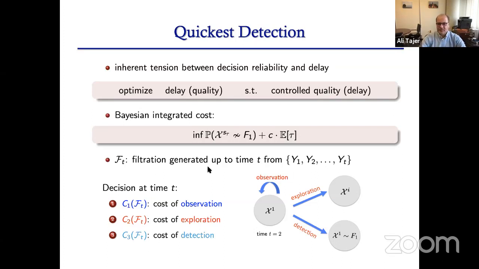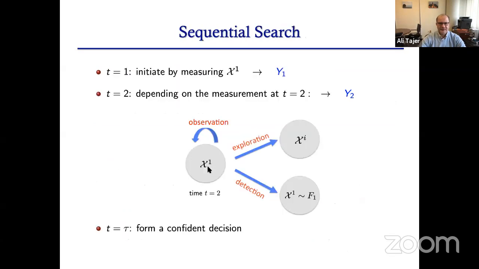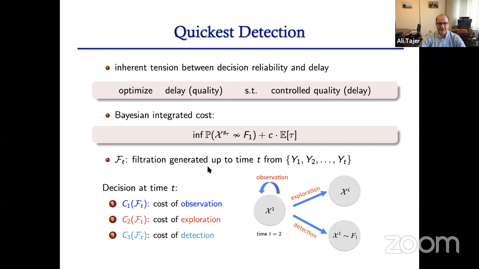We can show that these two cost functions, the delay and the control, can be integrated into a unified cost function, essentially giving us a Bayesian model for the problem, under which we are trying to minimize the probability of misdetection, that is, the probability of X at the stopping time not being anomalous. That's a false decision, plus a constant times the average delay of the process.